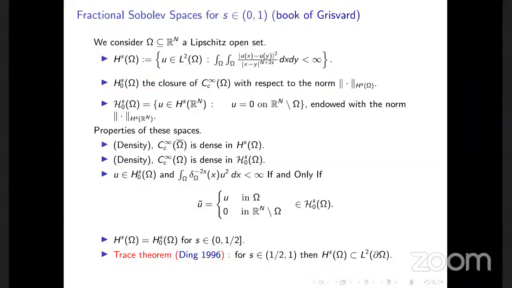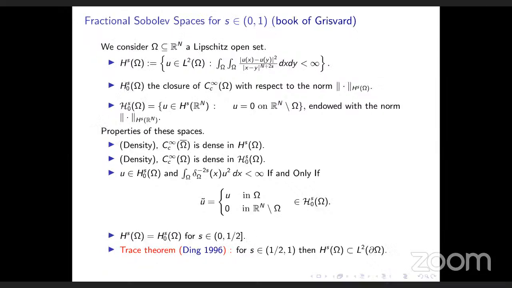Another property is that we also have a trace theorem: if s is larger than 1/2, then I have the embedding. So H^s will have a trace, and of course this is a compact embedding, because I can be in H^(s minus 1/2).